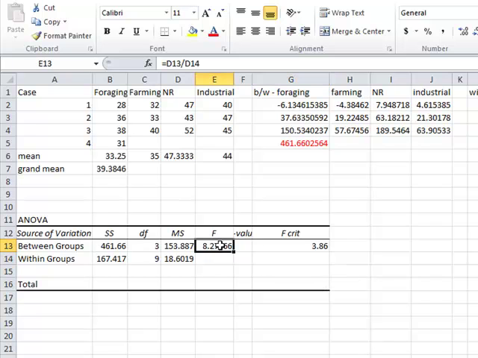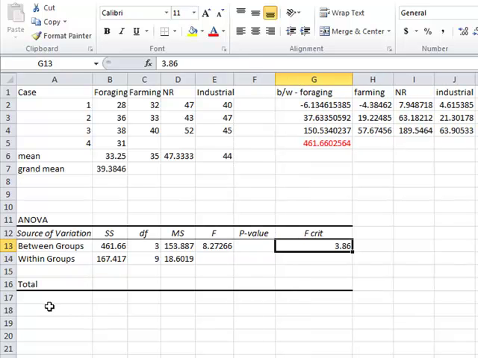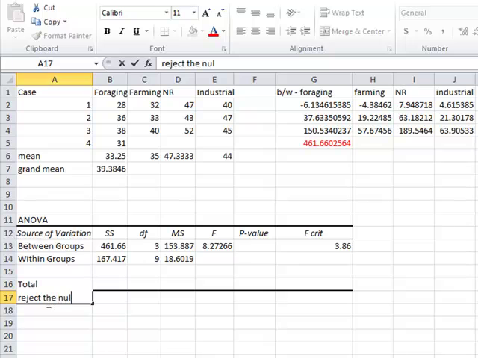We need to compare this value we calculated with the critical value. And at this point, by now, you should know this bigger than this means it's significant, right? In other words, we need to reject the null hypothesis, okay?